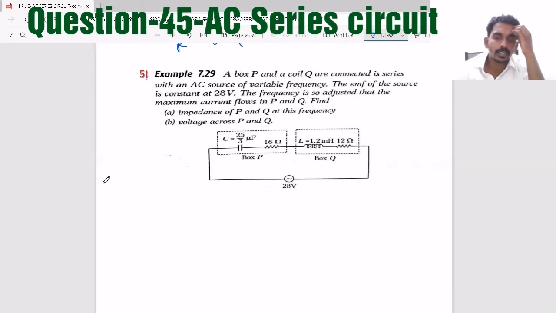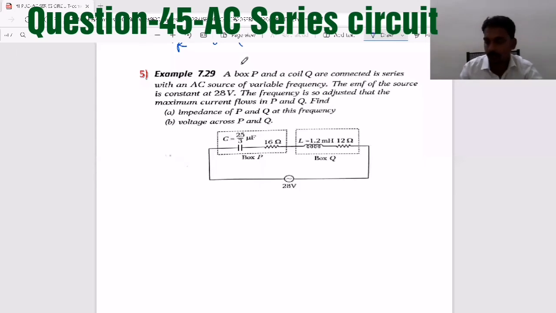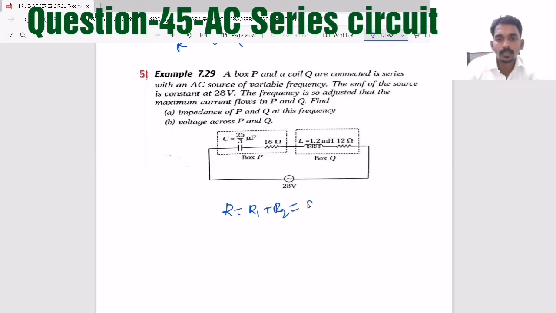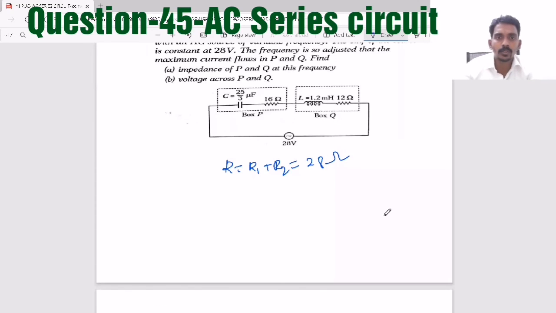The frequency is so adjusted that the maximum current flows in P and Q. Find the impedance of P and Q at this frequency. Now here, if you look at the circuit, it's like a series LCR only. L, C and two resistors are there. Then the resultant resistance you can take as R1 plus R2, which is 28 ohm.